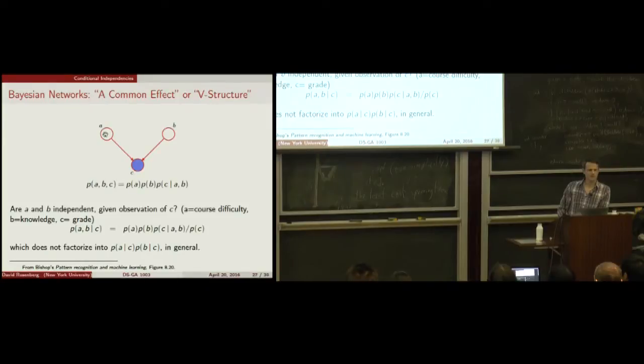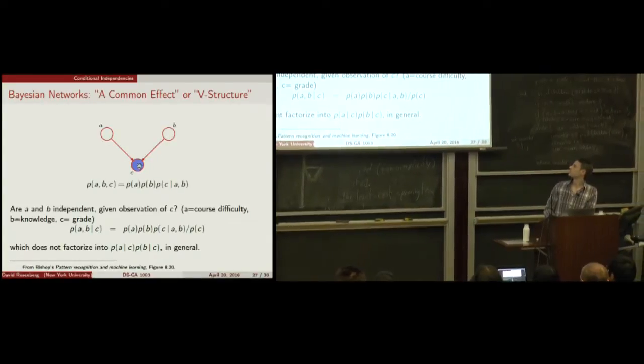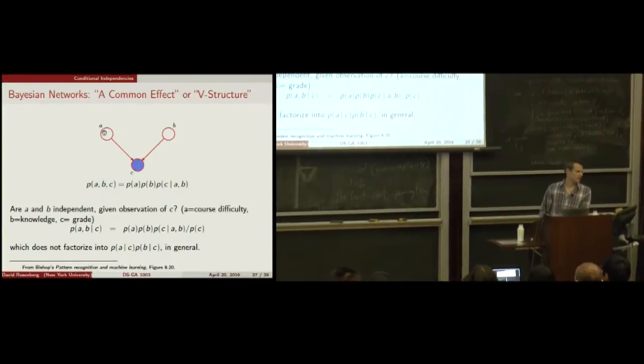Is that right? You see that? Because B and A are not independent given C. So if I didn't observe C and someone told me A, I know nothing. But if someone tells me C and then they tell me A, then I can get some information from A because I know C.